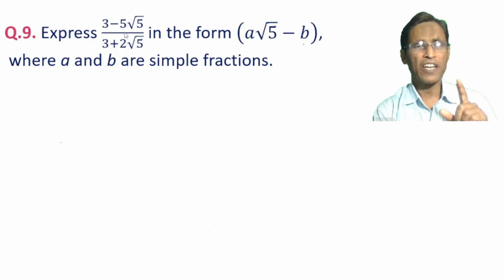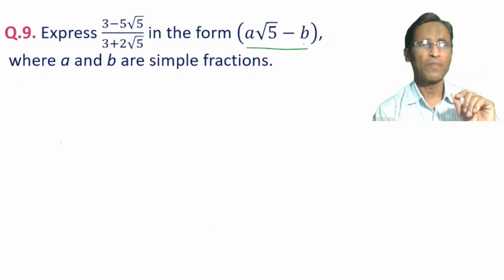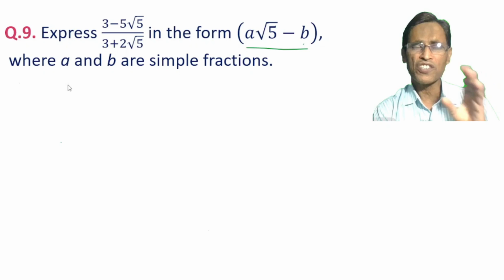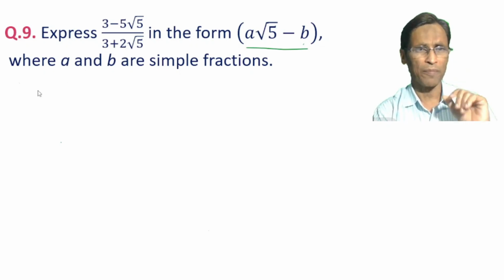Express (3 − 5√5)/(3 + 2√5) in the form a√5 − b. We have to show this expression in this form. So for this we shall rationalize the denominator as we have already done in the previous problem.